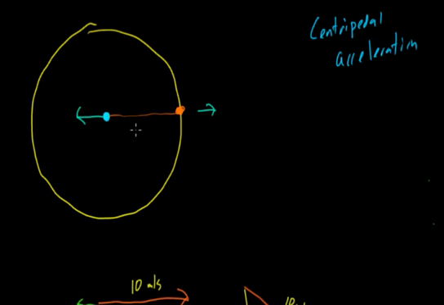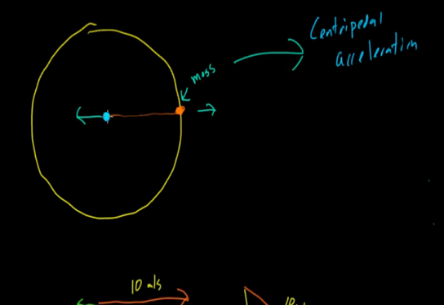Now, assuming this object has a mass, if you're exerting a force on the object this way, what must you be doing to the object this way? You must be accelerating it that way.